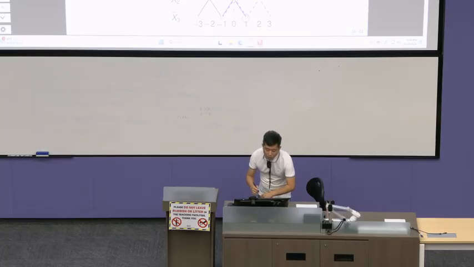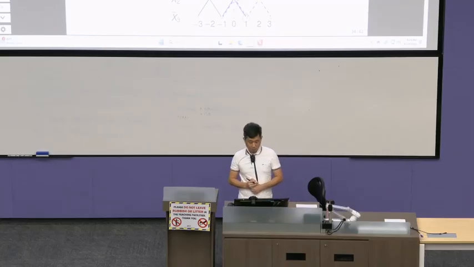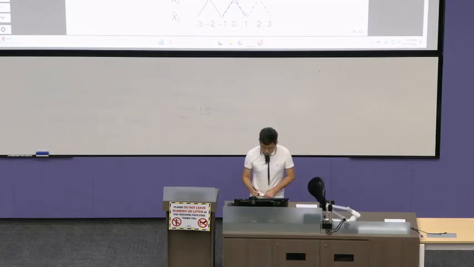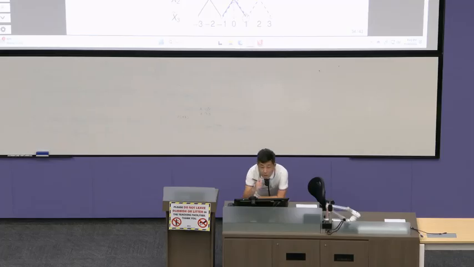Okay, now what is the probability x3 tilde equals 1 if I only know the information at t equals 2? That is x2 equals 0. Right? If x2 equals 0, then it becomes a summation, okay?